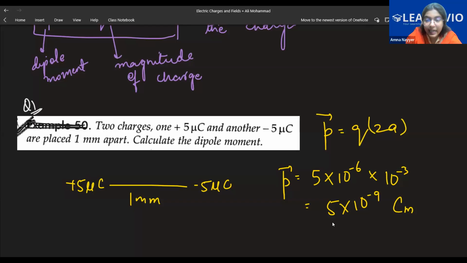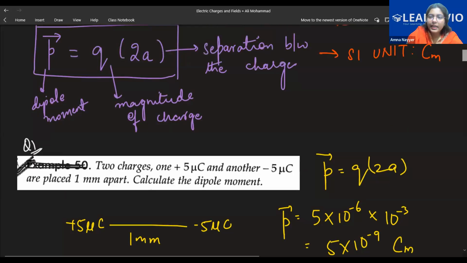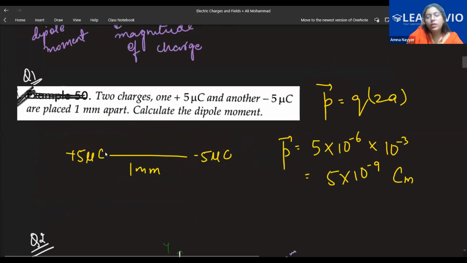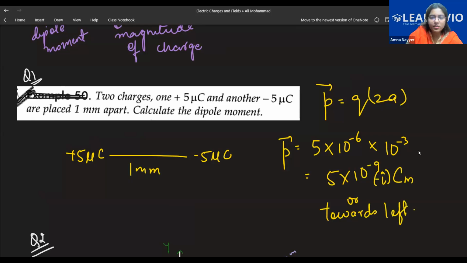See, direction is from the negative to the positive. So the direction will be towards, earlier one was right, left. So I'll write it as minus i cap so that you remember, or you can write towards left, from the negative to the positive. Is this concept clear to you, Ali? Yes, ma'am. Okay. Please write it till here.